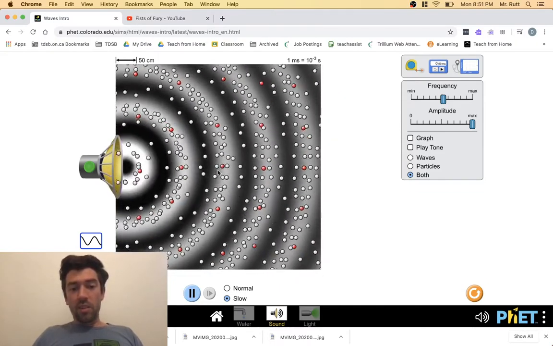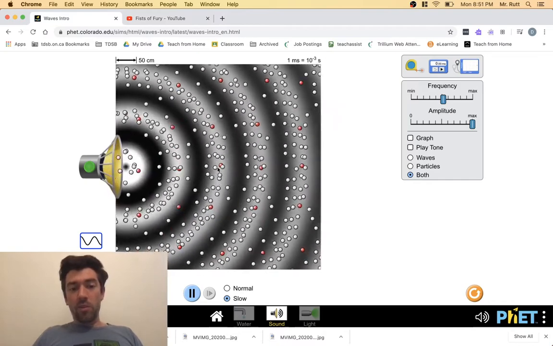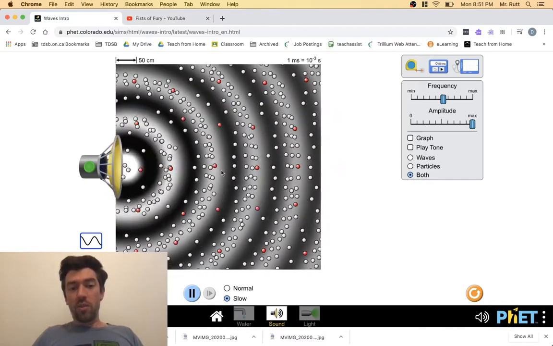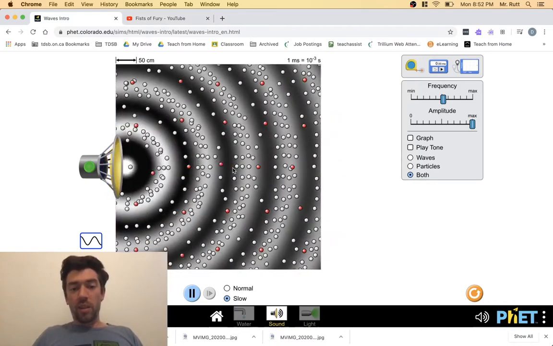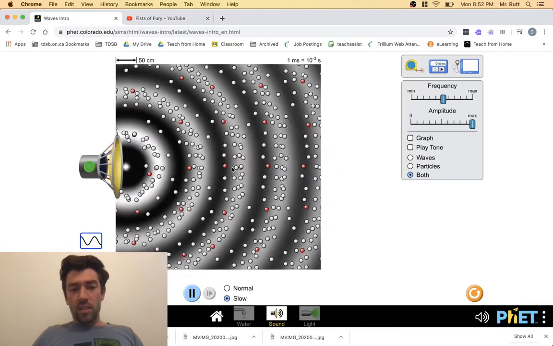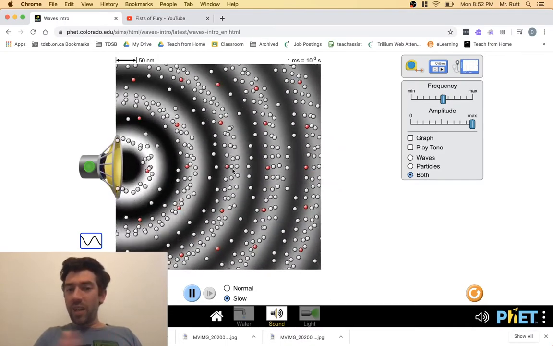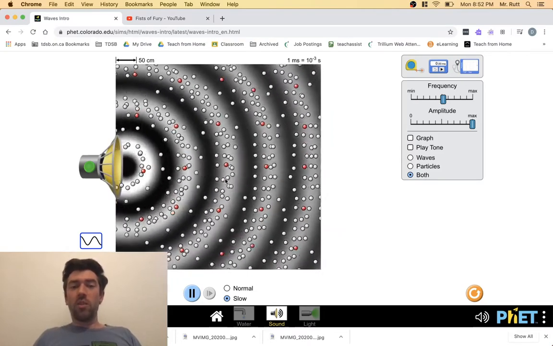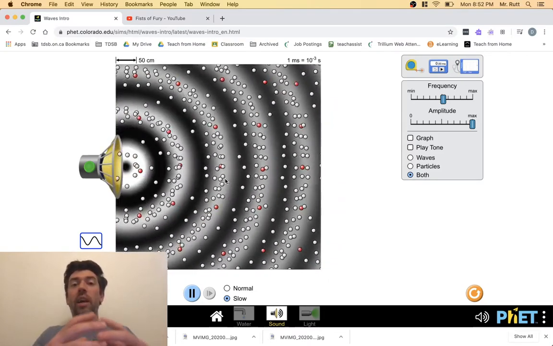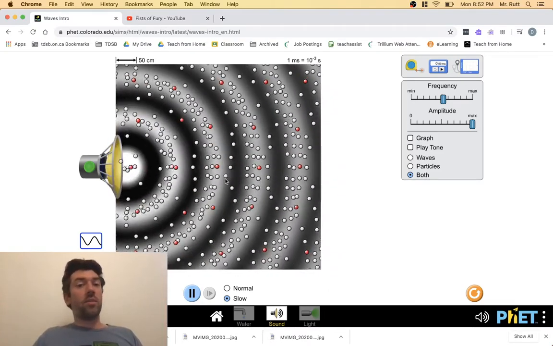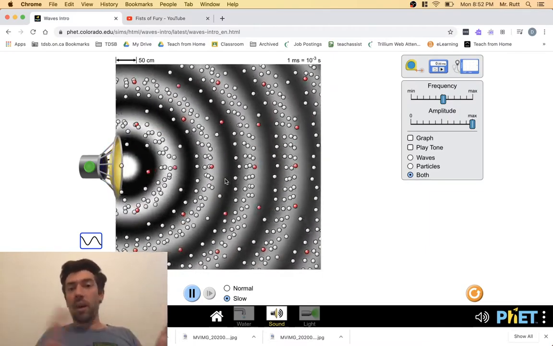So they're having these collisions and the particle's sort of being pushed out by other particles and then it's kind of falling back. It's just kind of going in and out. So each individual particle is not actually traveling out along the crests of the wave. They're actually just kind of going back and forth.